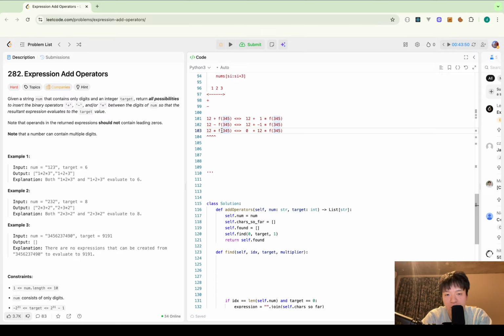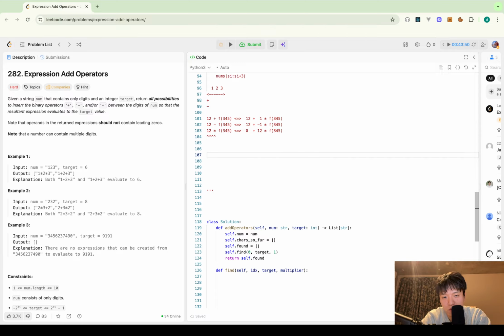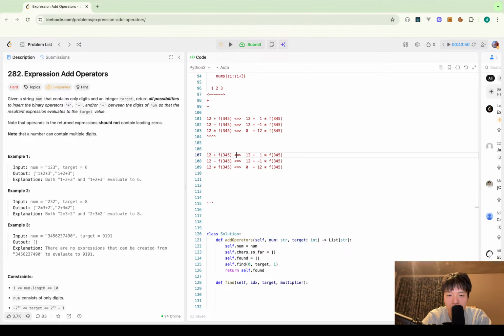I have to distinguish. Let's say, actually this 12 is the end. What happens is, actually this is nothing.